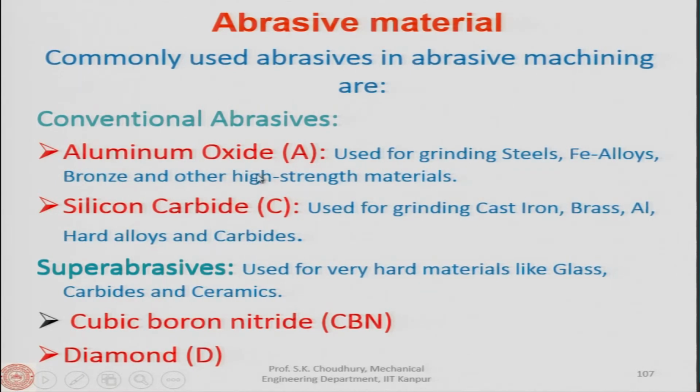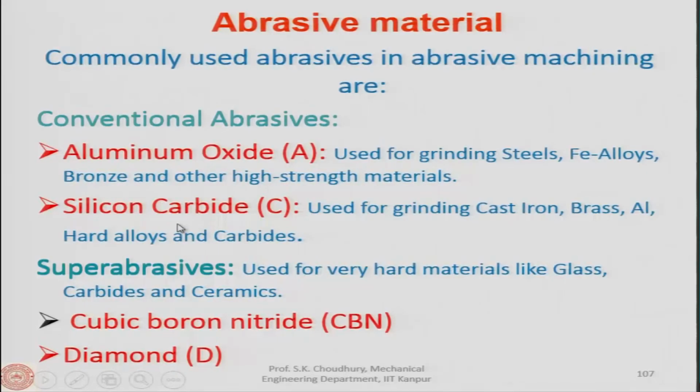So, most popular is aluminum oxide, Al2O3, used for grinding steels, ferrous alloys, bronze and other high strength materials. Whenever there are high strength materials to be ground, then aluminum oxide has to be selected, that is the Al2O3. Silicon carbide is given as SiC, and that is designated as the C.